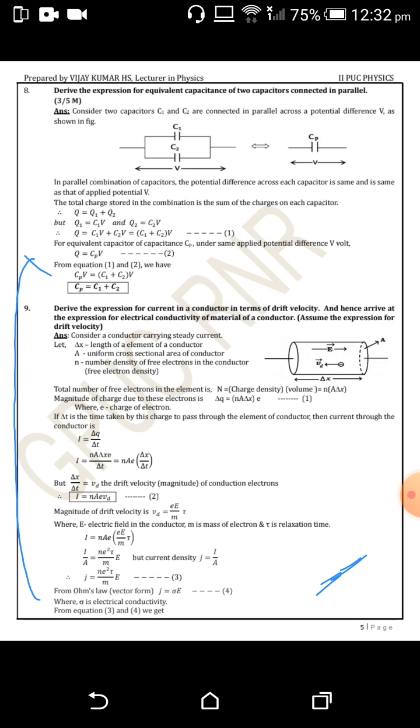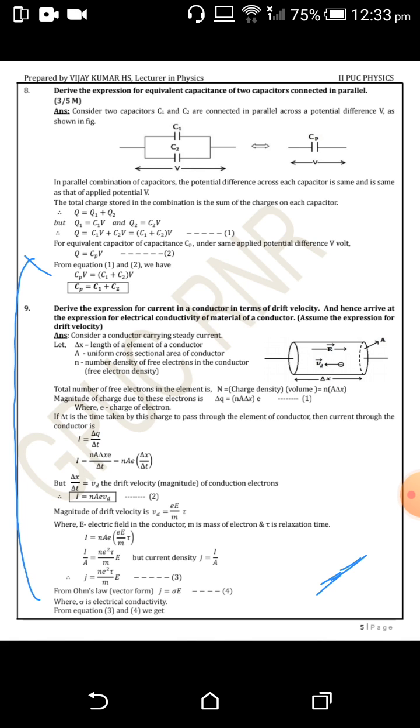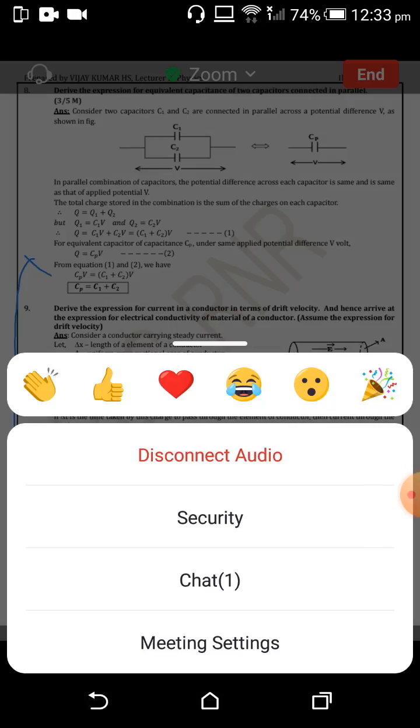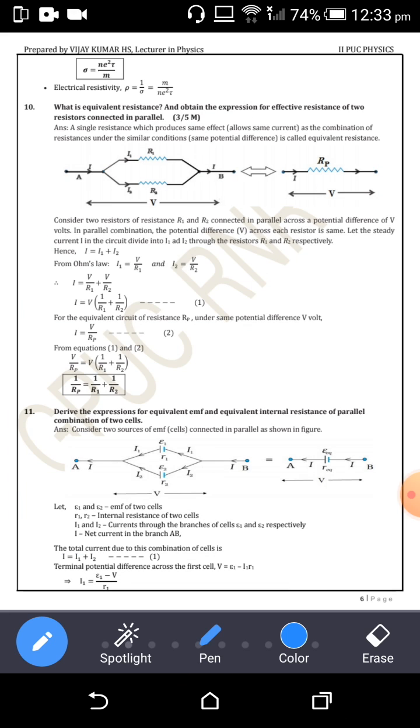It's a sure 5 mark question. Okay, fine. We will move to the next question.